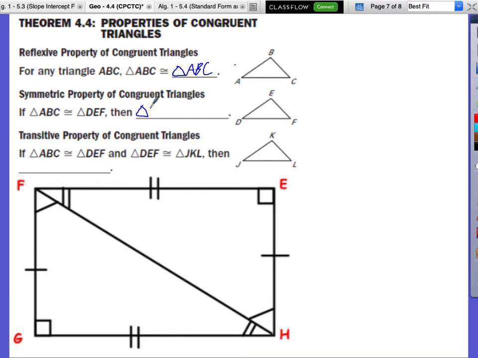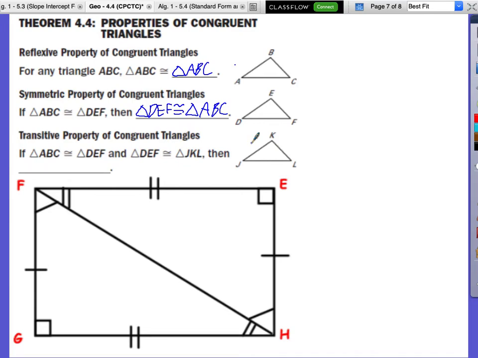So DEF is congruent to ABC. Very good. We don't want to rearrange the letters in the triangle. We want to switch positions for the triangles, kind of like if it was a converse. So if triangle ABC is congruent to triangle DEF, then triangle DEF is congruent to triangle ABC, using our symmetric property where we flip them.